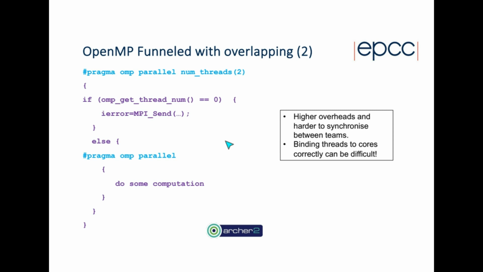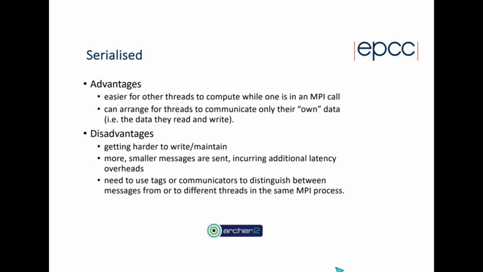I couldn't find any other way of persuading Slurm plus the OpenMP runtime to actually do the thread binding correctly with this kind of pattern. Okay, so that's funneled, which is doable but has some problems.